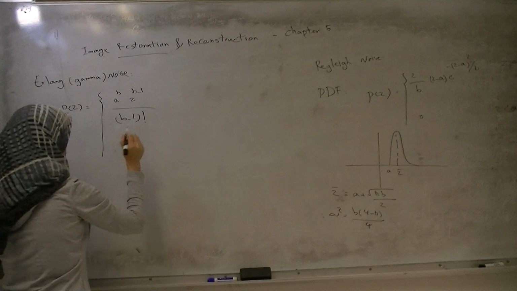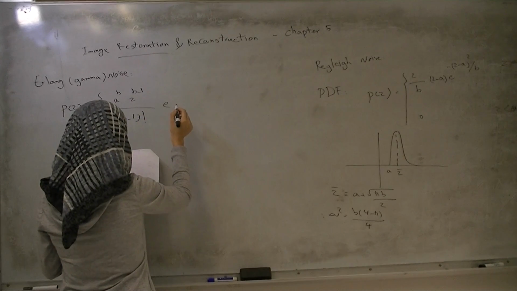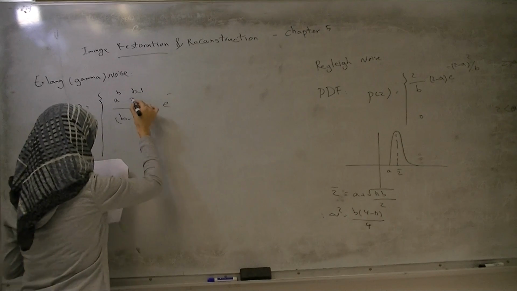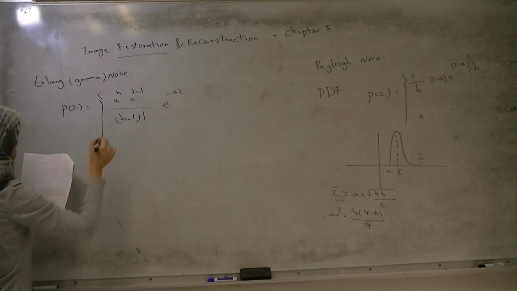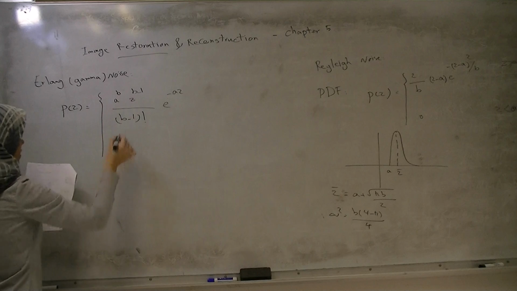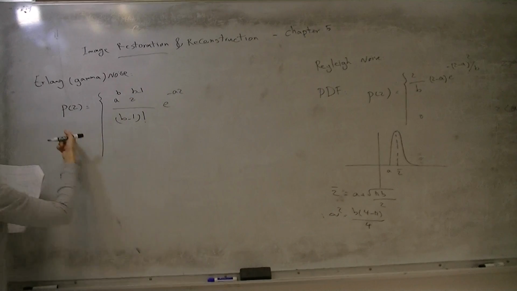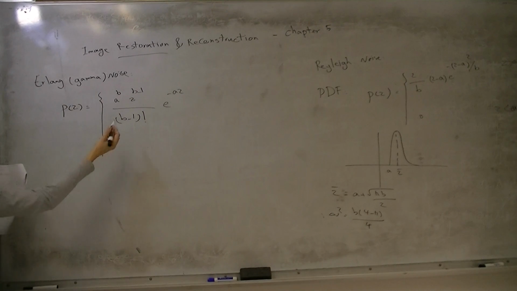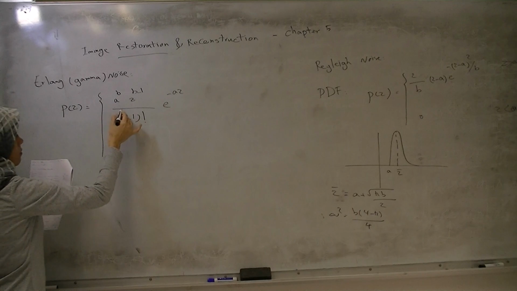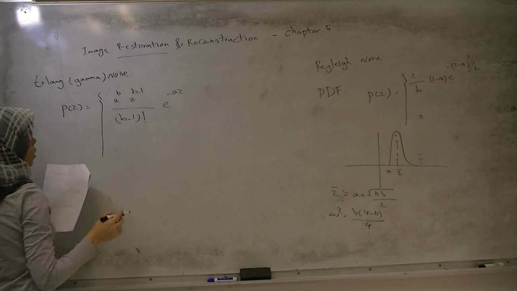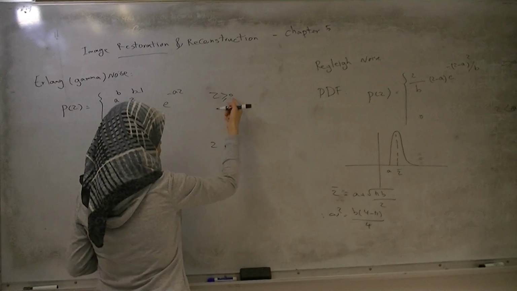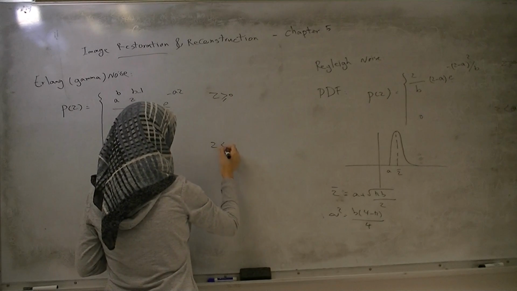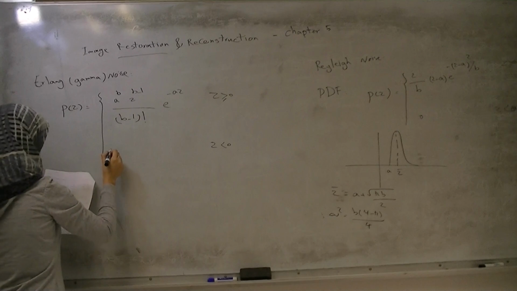This one is a factorial of that, and we have a and b. The gamma noise has two parameters, a and b. This is for z greater than or equal to 0, and for z less than 0, this is 0.